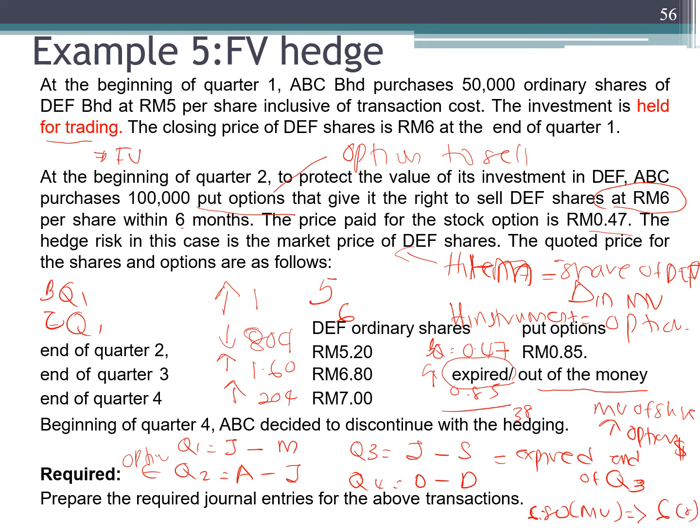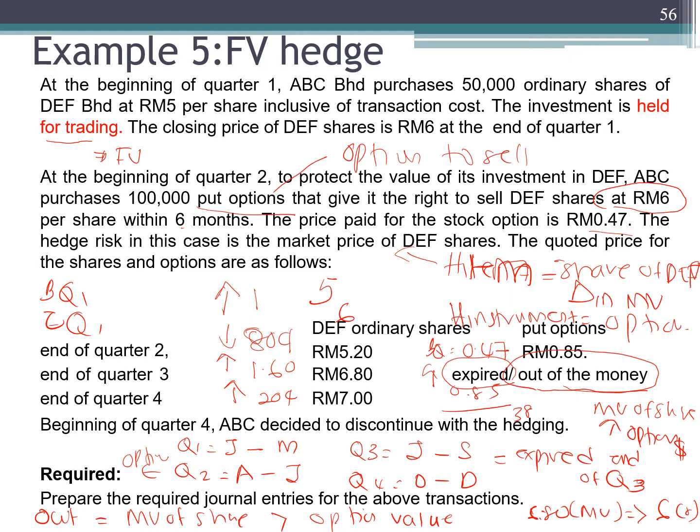So we said that this one is out of money. Remember that for out of money, put it here because we already have limited space. Out of money equals when the market value of shares is higher than the option value.